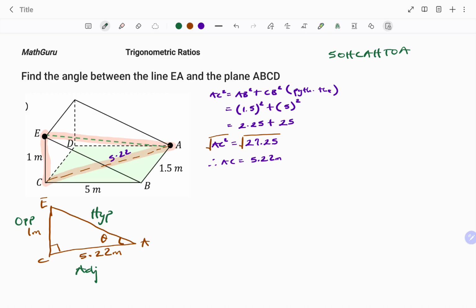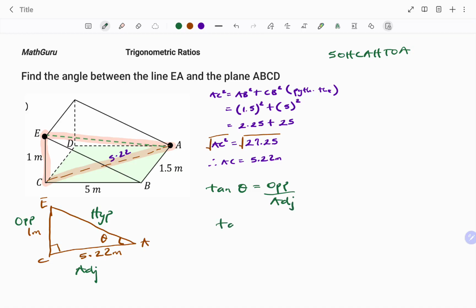If I'm to find the angle theta as shown, I have my opposite and adjacent given. The trig ratio that uses opposite and adjacent is my tangent. So therefore, tan of theta equals opposite over adjacent.